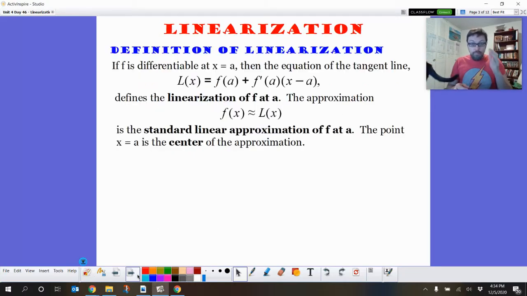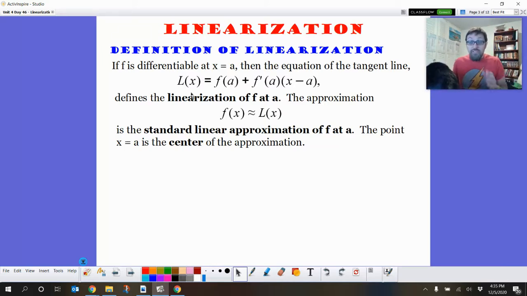So check it out. This is what it means to create the linearization. It's finding the tangent line at a particular point. You might recognize this as point slope form. So here is like a y value, that f of a. It's been brought over to the other side, that L of x, that is a y value.